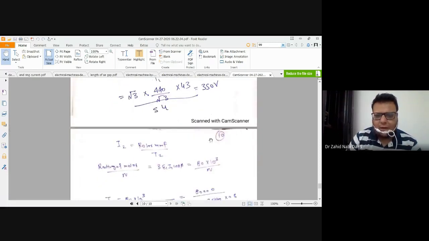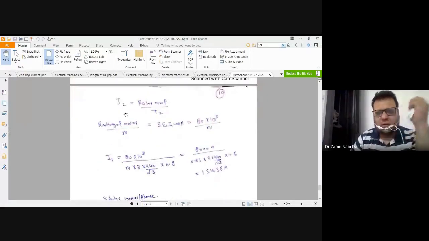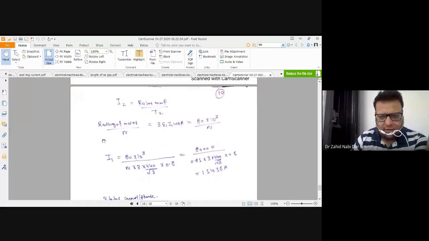Now you have to calculate your rotor current. Your rotor current would be the rotor mmf divided by T2. To calculate this, you have the power rating of the motor divided by efficiency. The power rating of a motor is given as 3 times E stator, I stator, and cos phi.